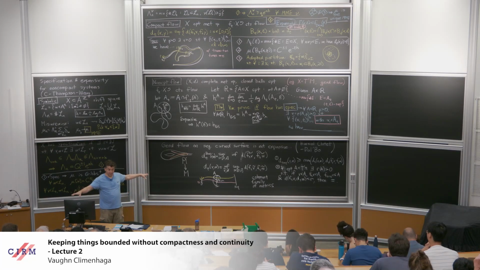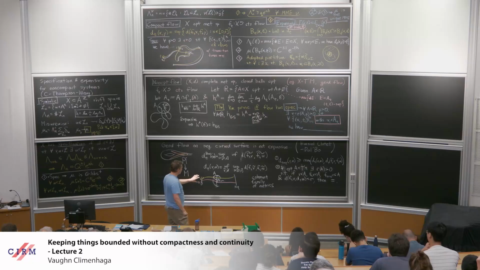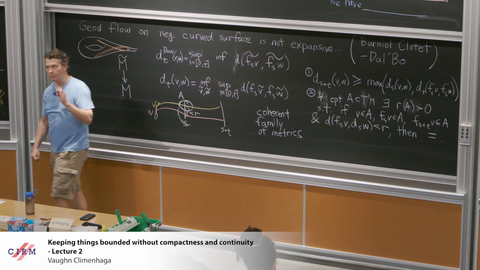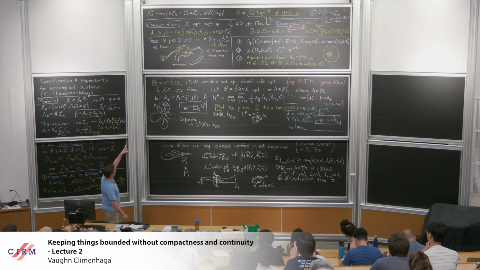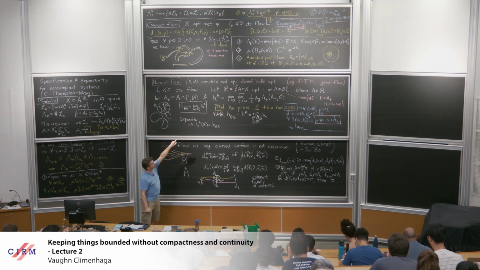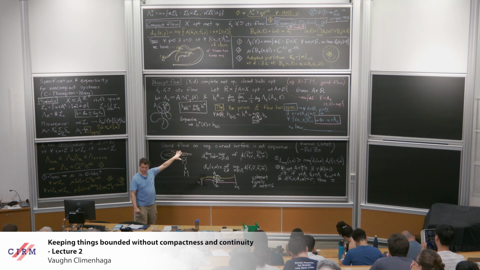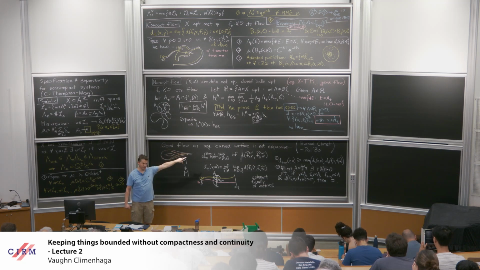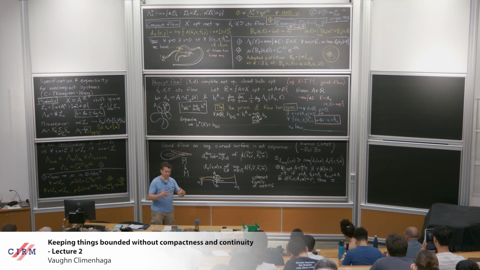And everything in our general machinery, which I'll talk more about next time, is built around coherent families of metrics rather than just the specific Bowen family. And the benefit of doing this is that that definition of expansivity works for this sort of geodesic flow with respect to this coherent family of metrics. And so then we can apply the whole machinery, which I will say something about next time.